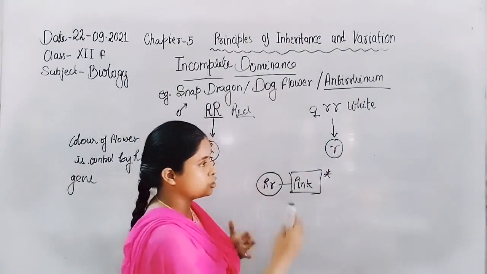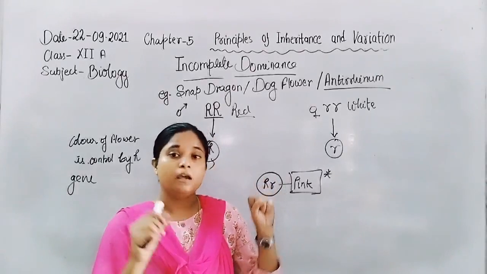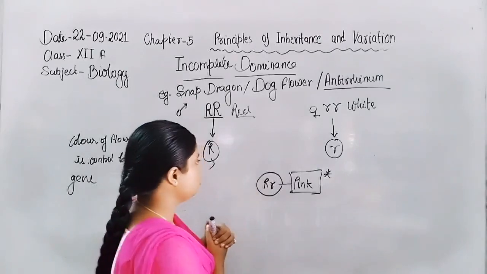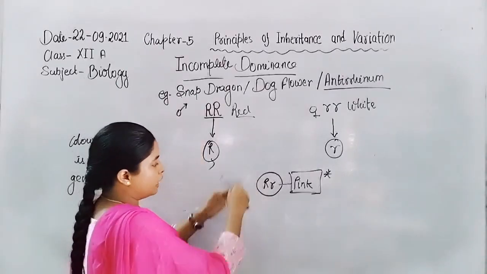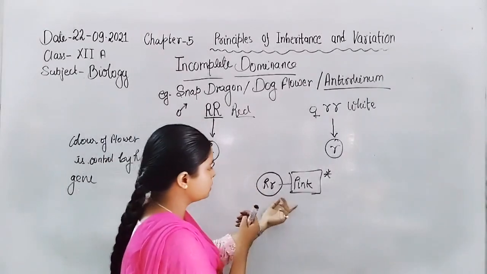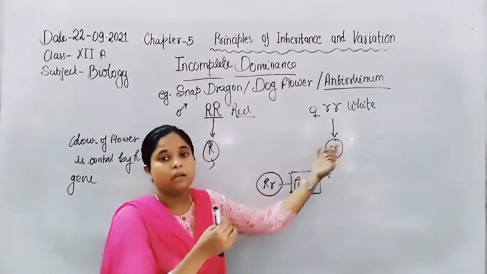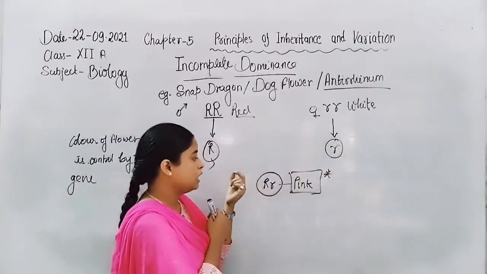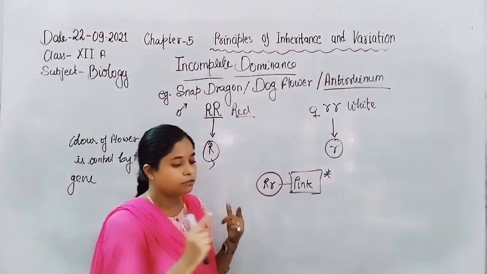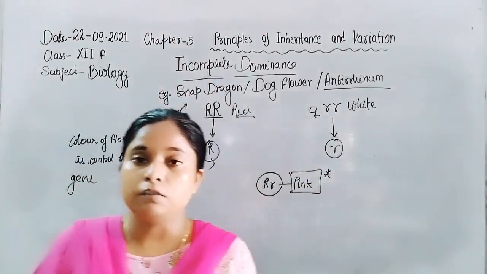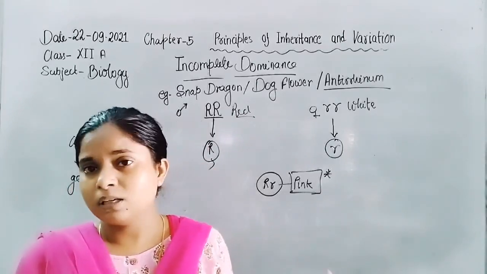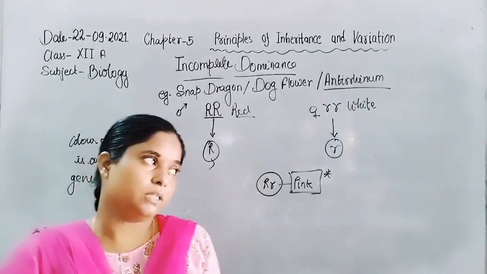In Antirrhinum, after hybridization between the capital R red and the homozygous recessive white, or after a cross between two plants with two different traits, the hybridized plant will show another characteristic other than the male and female plants, because only one dominant allele is present. In the presence of one dominant allele, the plant will not make the enzyme with full efficiency; it makes the enzyme only partially. We can also understand this with the help of measurement.